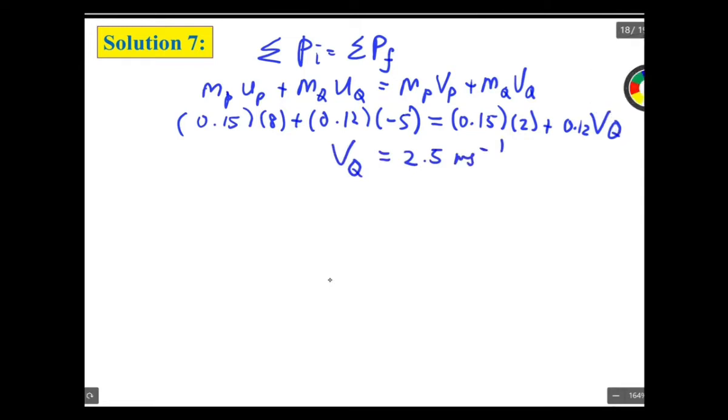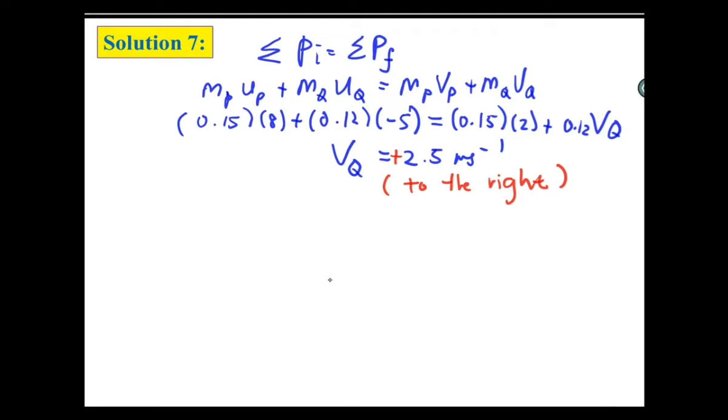So kalau macam tu, ini bermaksud the direction to the right. Sebab apa? So kita dapat positive value. Okay, in the same direction, dia bergerak bersama dengan marble P. Okay, and last, whether the collision is elastic or inelastic. Kalau total energy initial dia sama dengan total energy final, dia adalah elastic collision.